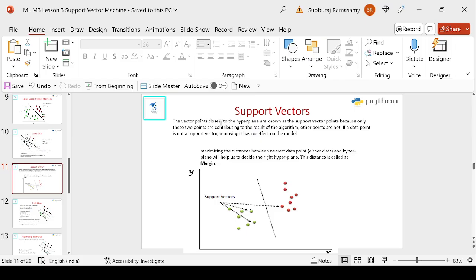The vector points closest to the hyperplane are known as support vector points. Only these points contribute to the result of the algorithm. We don't care about other points. So these points which are closer to the hyperplane are very important. If they shift, then your margin reduces.